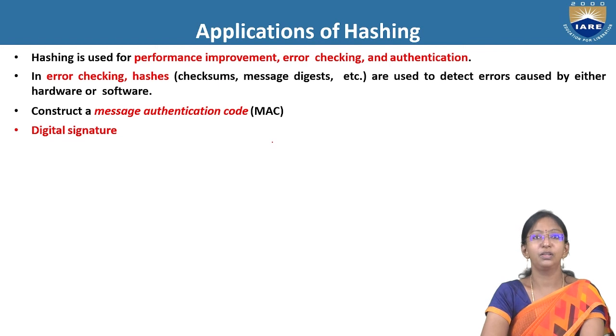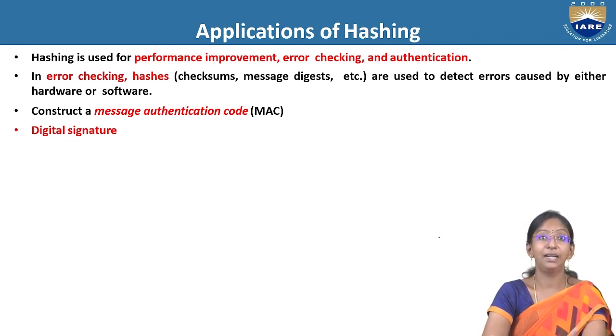So to generate these two, we go for hashing. Error checking and error handling, we go for hashing. That is basically for authentication. Generally, in case of authenticating things, we look for uniqueness, right? So to attain uniqueness, hashing is the technique which is used inherently.